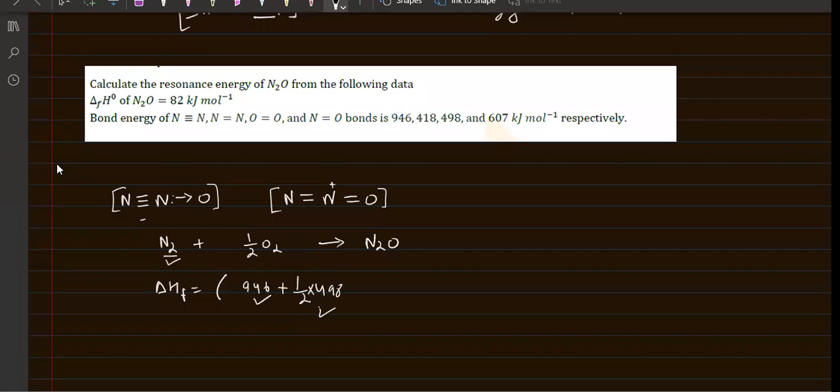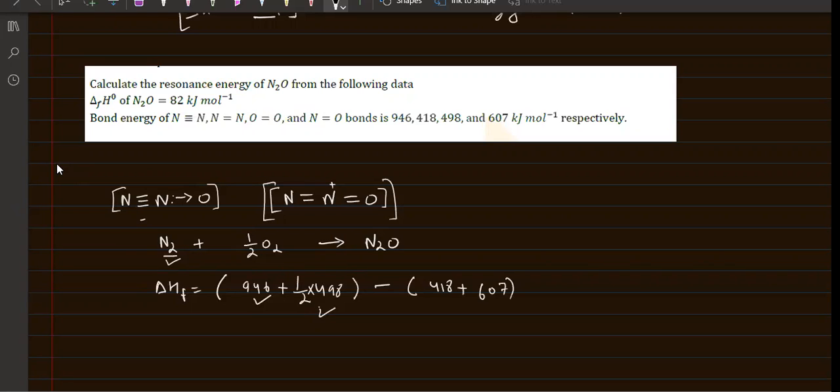It is bond energy. Now we are calculating bond energies. Delta H of reaction is bond energy of reactant minus bond energy of product. So this is bond energy of reactant minus bond energy of product, which is N double bond N, which is 418, plus N double bond O, which is 607.